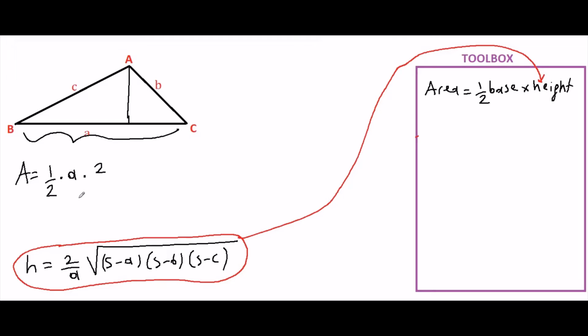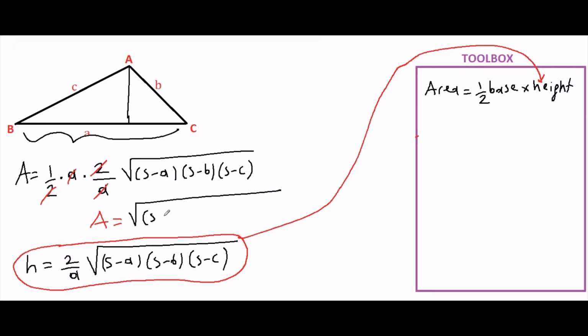Instead of height, we're going to use this expression we derived. So here 2 cancels 2, a cancels a, and the area is equal to Heron's formula. So this is the Heron's formula we derived using the algebraic method.